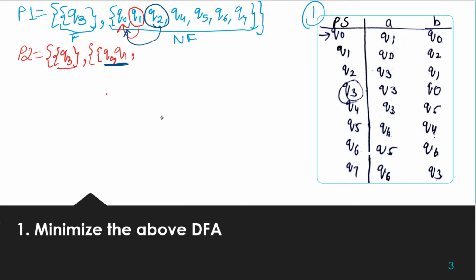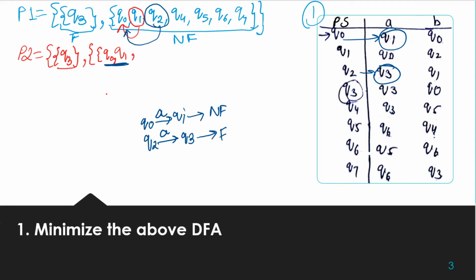So now we are checking the compatibility of Q0 for input symbol A, and Q2 also for input symbol A. For A we are moving to state Q1, and from Q2 we are moving to state Q3. Now Q1 belongs to the group of non-final states, and Q3 belongs to the group of final states.